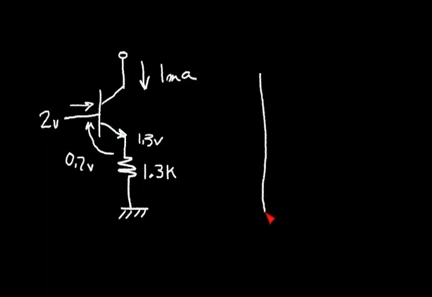Let's plot my current versus voltage, and this is the voltage at the collector terminal and the current in the collector. So the key thing is that the voltage on this current source is limited.